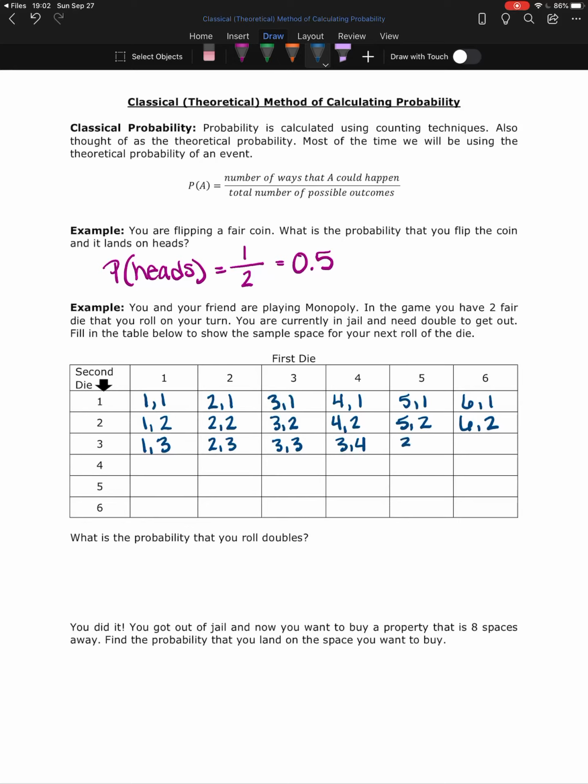So keep listing these out. Oops, I messed those 2 up. This is 4, 3, 5, 3, 6, 3. I'm going to keep filling in this table, looking at what's the number on the first die, what's the number on the second die.